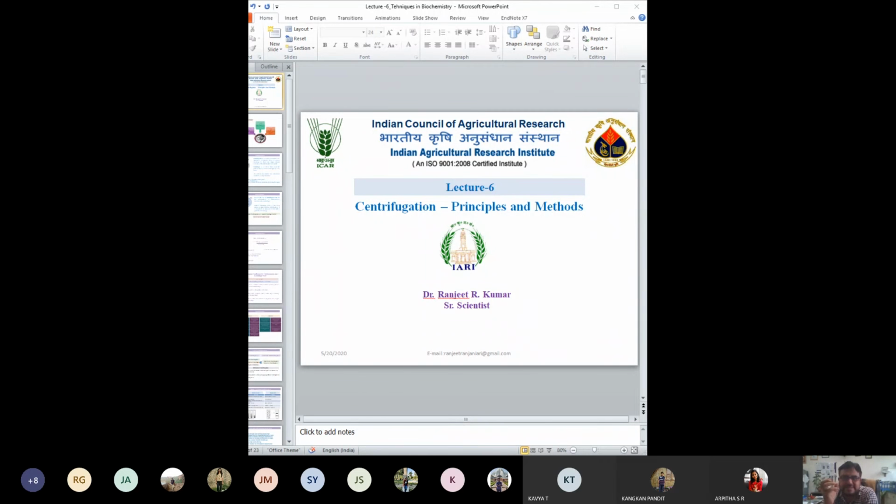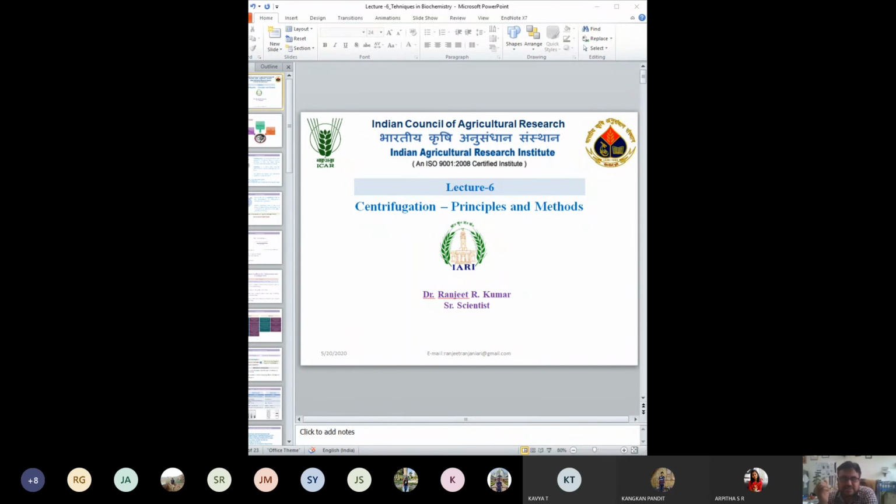Here, particles basically settle down at the bottom because of gravitational force. We know that gravity acts on all of us. So this particle, especially in case of centrifugation, settles down at the bottom due to gravity, and this gravitational force is denoted by G. Centrifugation increases the rate of sedimentation by spinning the sample.